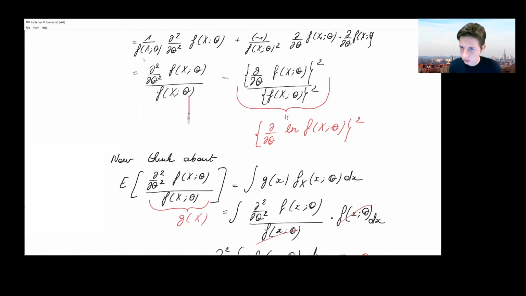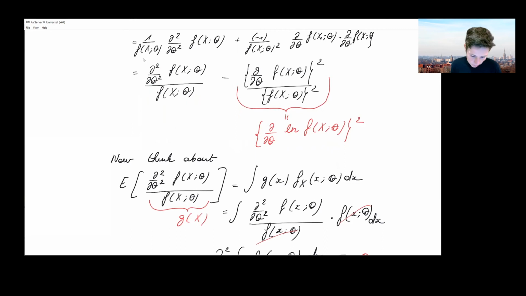I don't need that. So I'm left with minus the expected value of this guy, right? But that was exactly the definition, or not exactly, but that's the definition we wanted to work to for our Fisher information matrix.